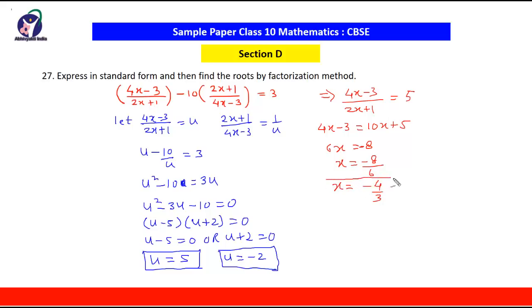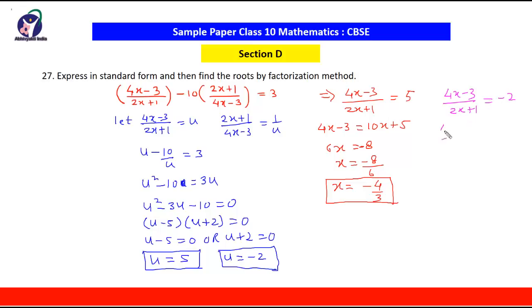So here highlight the value of x, but u is also equal to minus 2. So solving this further, we will get (4x minus 3) upon (2x plus 1) is equal to minus 2.